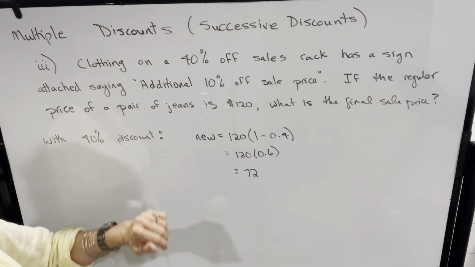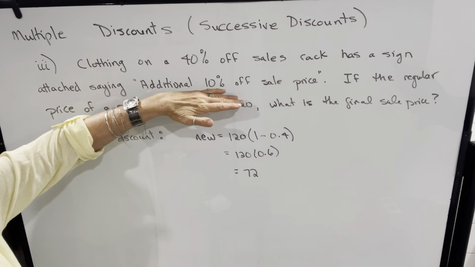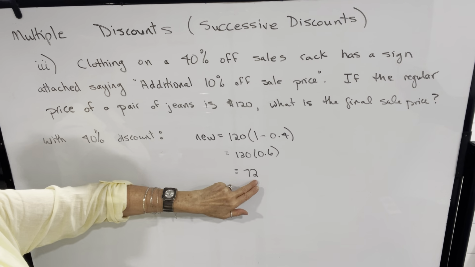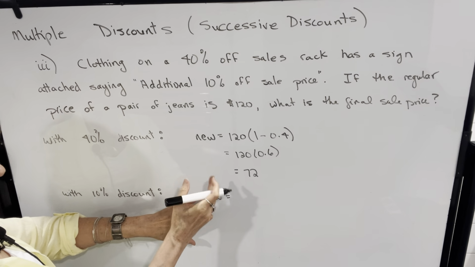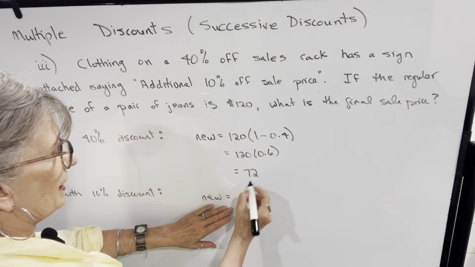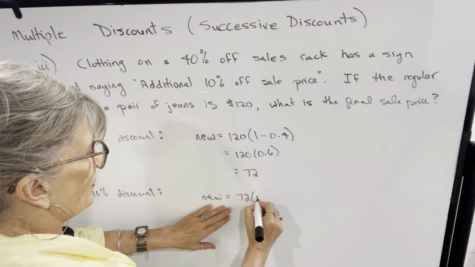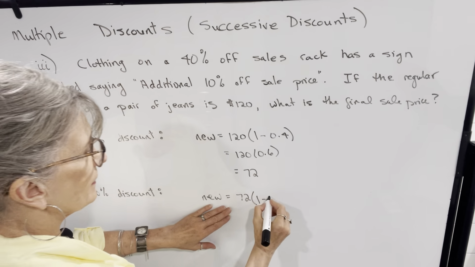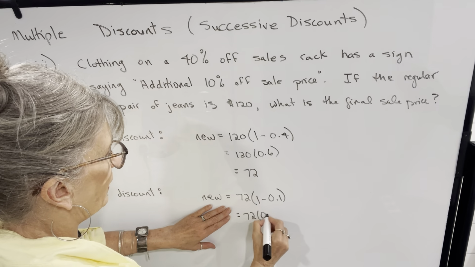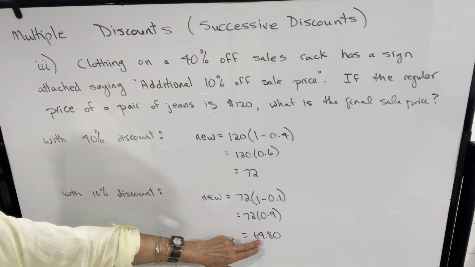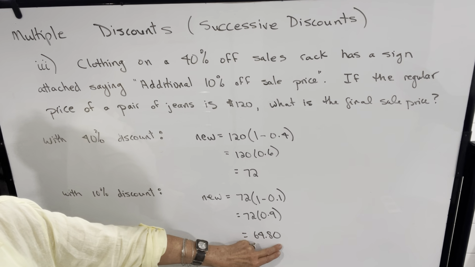Now let's find out what the price will be after we take 10% of 72 off of this price. So our next new price will be 72 times 1 minus 10%, 72 times 0.9, which is $64.80.